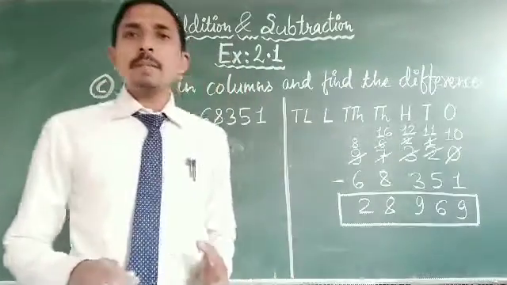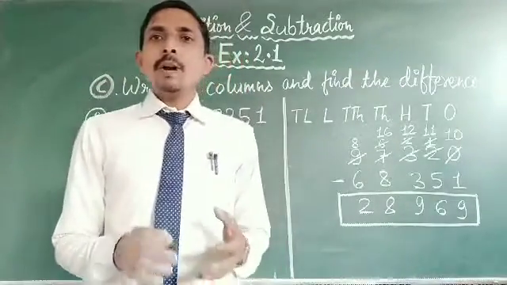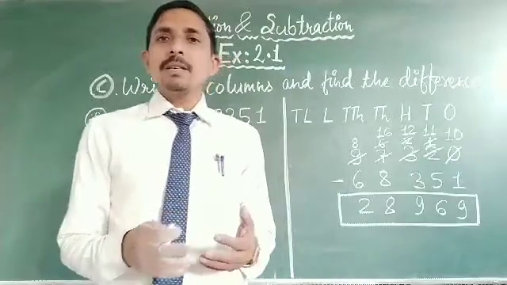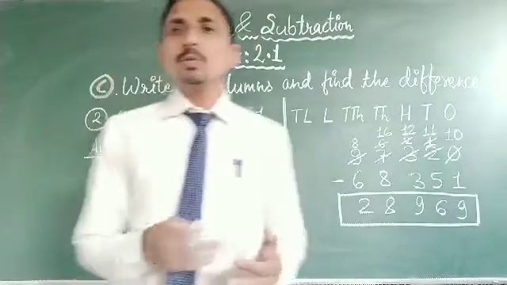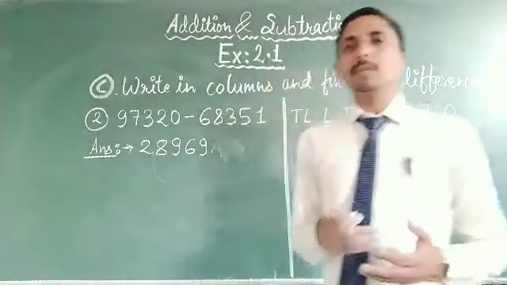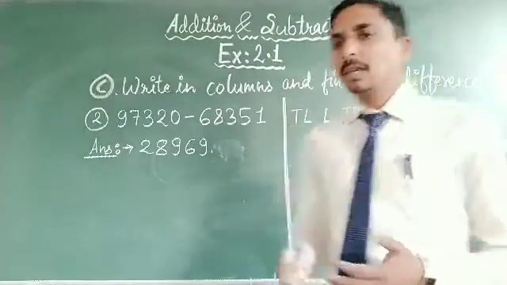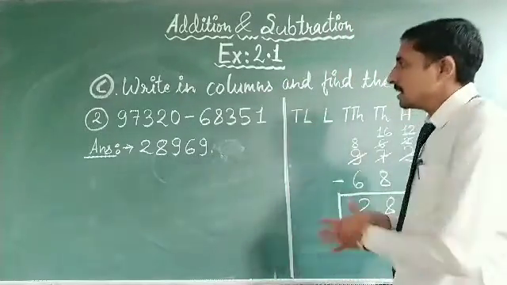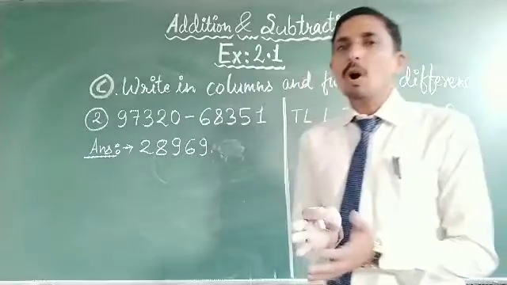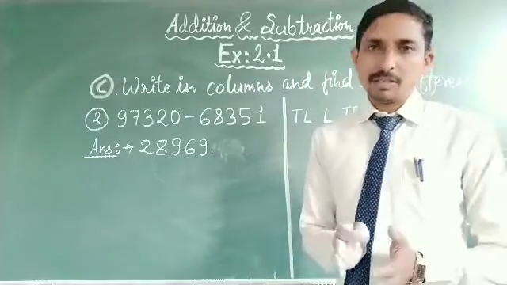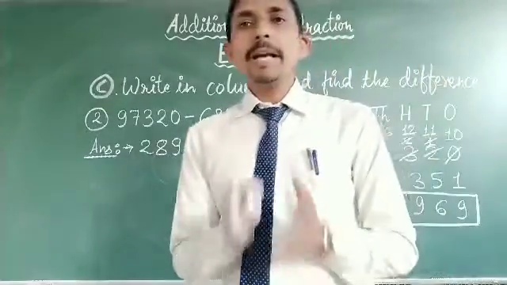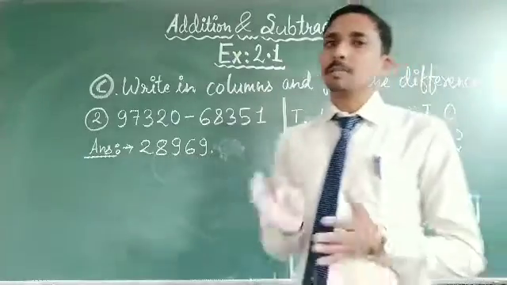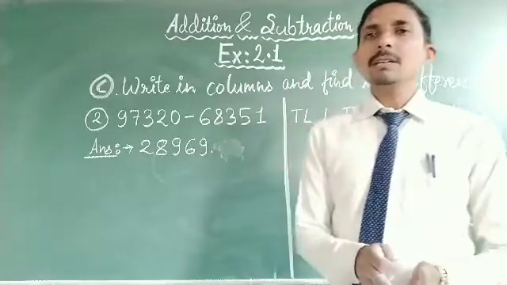Every time when you are going to find difference, that means you are going to do subtraction. So every time you subtract, you get the difference between the number. The difference between the number is obtained by doing subtraction. So that's why make it clear that subtraction means difference, or difference means doing subtraction.